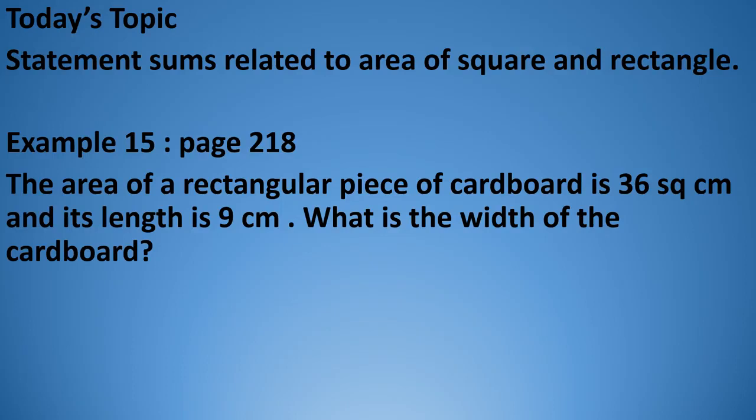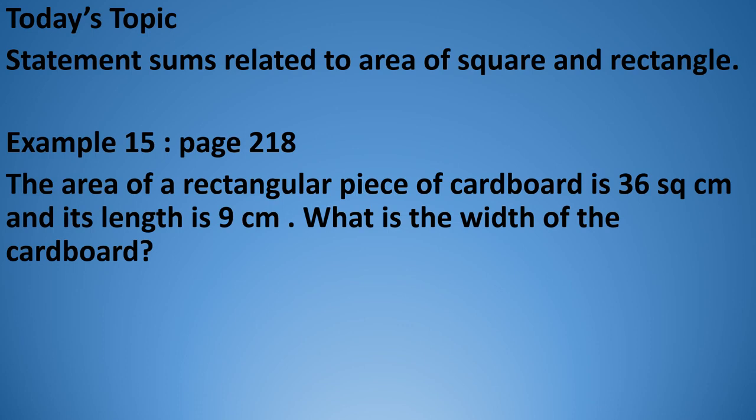First of all, you have to write down whatever information is given to you in the question. Let's read the question again. The area of a rectangular piece of cardboard is 36 square centimeter. What is this 36 square centimeter?